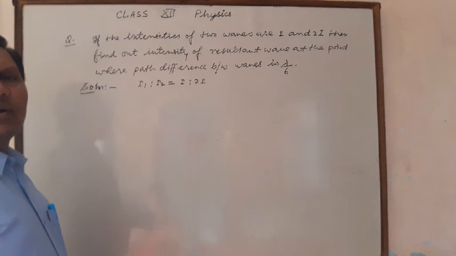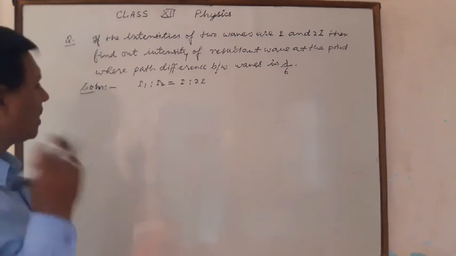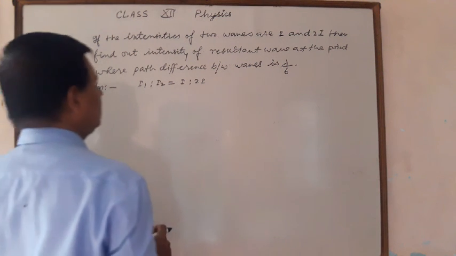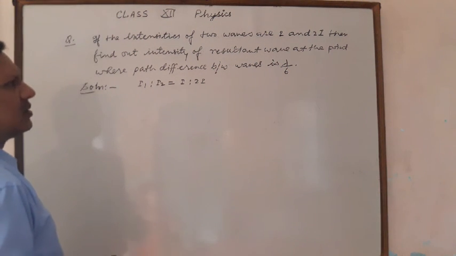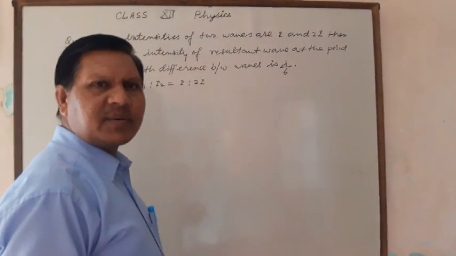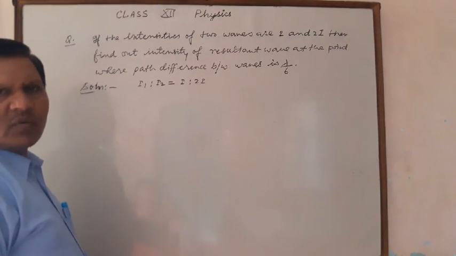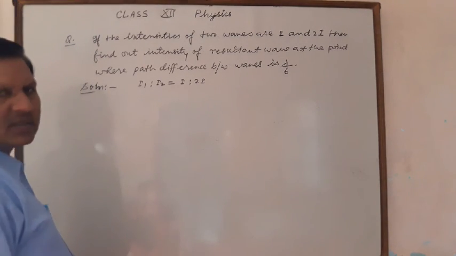Here the ratio of intensity of the waves is given. We have to find out the intensity of the resultant wave. So for finding the intensity of the resultant wave, we require the phase difference.